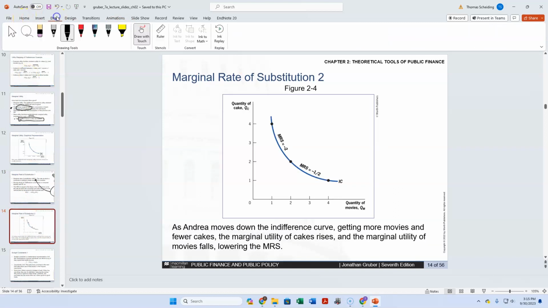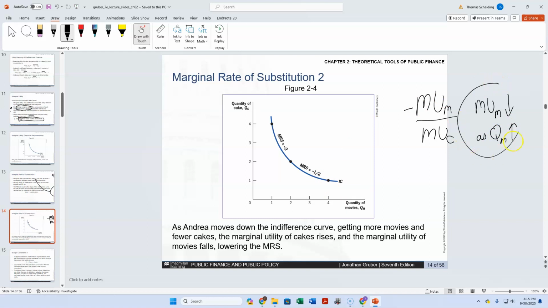So the marginal rate of substitution, as you can see, changes along the curve. Why is it changing along the curve? Well, this slide makes it quite apparent why that's the case. Because as we're getting more movies, the numerator of the ratio, remember, in this case it would be negative MU of movies over MU of cakes, the marginal utility is declining as the quantity of movies is increasing.